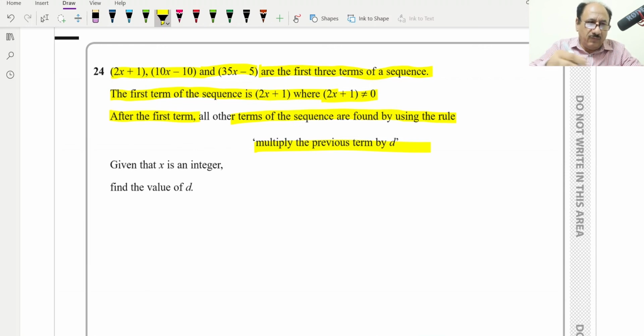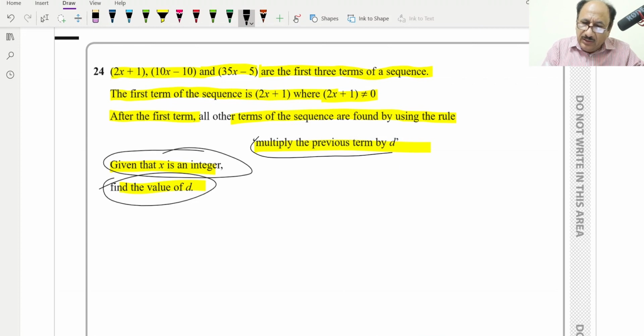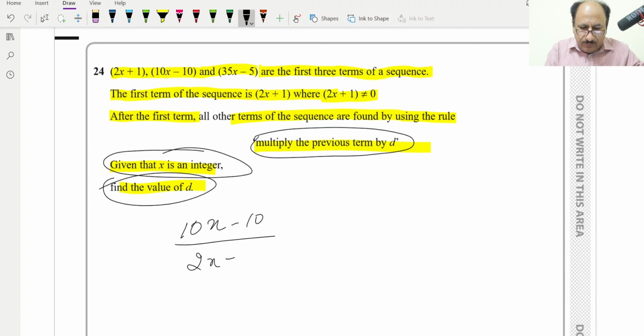For this one, we will be writing the terms, and given that x is an integer, this is important, and we have to find the value of d also. It is a sequence, so we multiply the previous term by d, and we get 10x minus 10 over 2x plus 1.